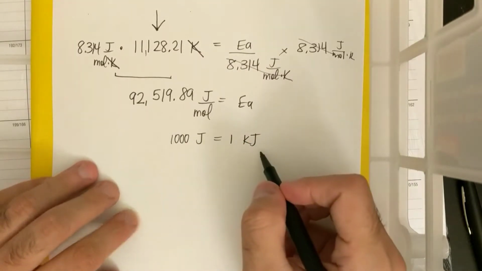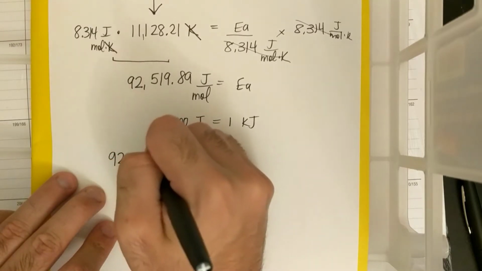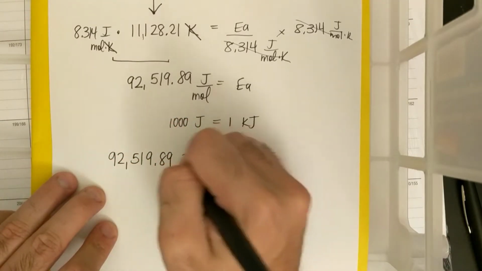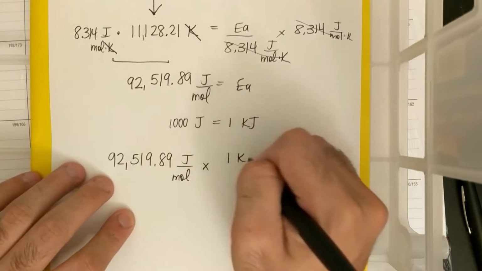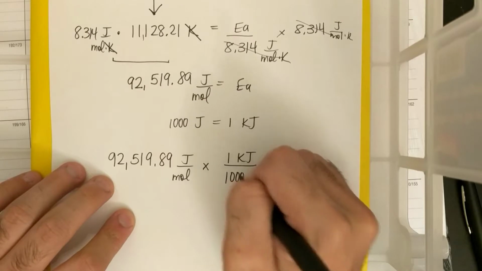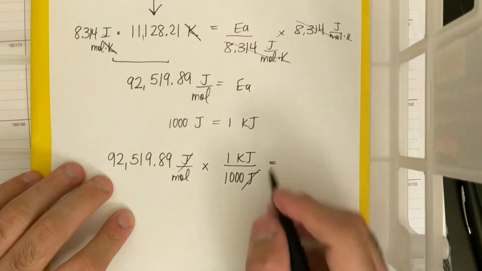So if I want to do this, I'm going to show you doing this dimensional analysis. It's the same thing. You just divide by 1,000. But just in case, if I have joules per mole, if I multiply by 1 kilojoule divided by 1,000 joules, my joules will be able to cancel out. And then this is just dividing by 1,000.